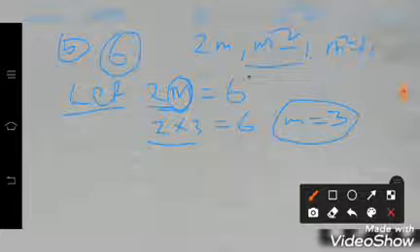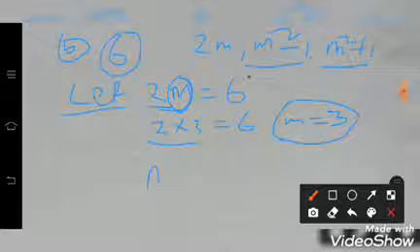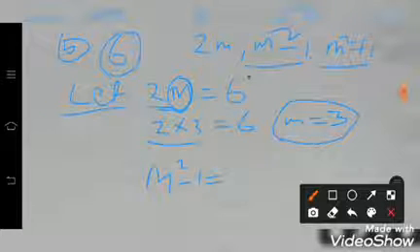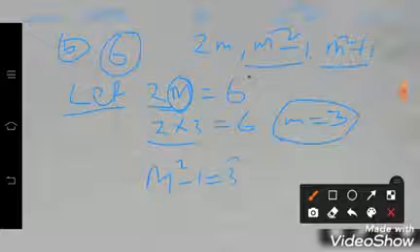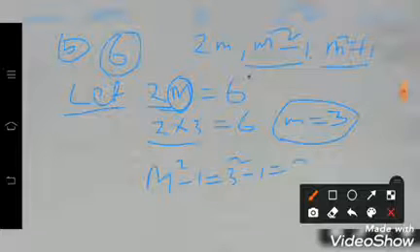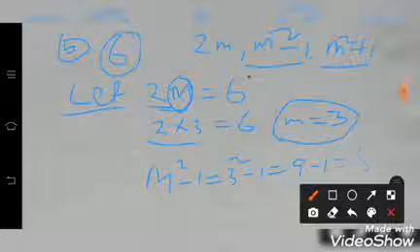So now you apply this again: m square minus 1 is equal to 3 square minus 1, which is 9 minus 1, equal to 8.